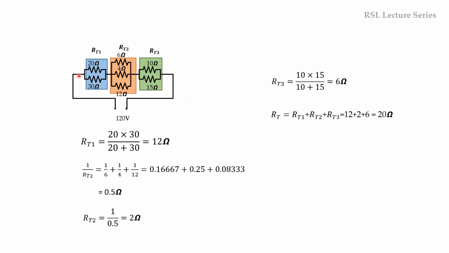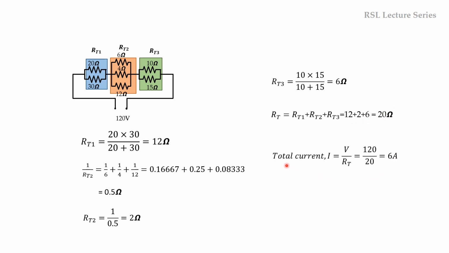This combination can be reduced into single equivalent resistances of 12 ohms, 2 ohms and 6 ohms. These are three resistors connected in series, so the total resistance will be equal to 20 ohms.